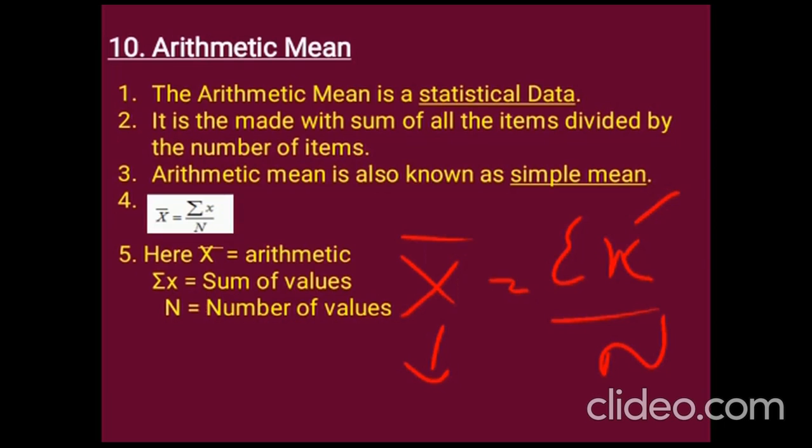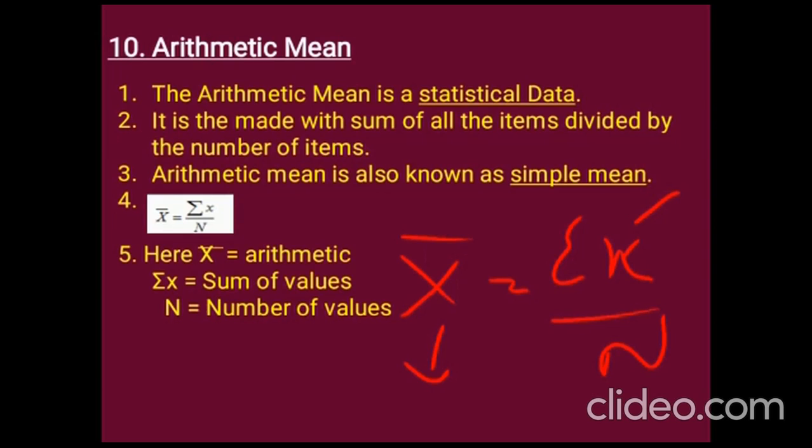Once again, what is meant by arithmetic mean? First point, arithmetic mean is a statistical measure. Second point, it is obtained with the sum of all the items divided by the number of items. Third point, arithmetic mean is also known as simple mean.